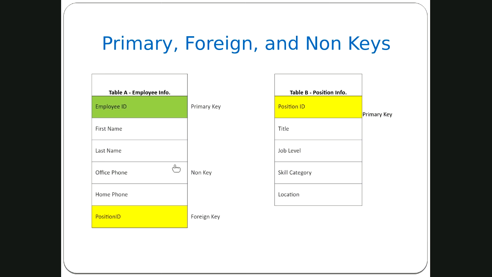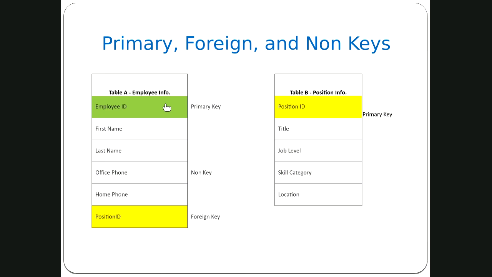And then the third one is non-key, which is just an attribute or a quality of the primary key. It is not a foreign key because it is not a primary key in another table. So for example, the office phone or the home phone, first name, last name, all of these are non-key attributes. The non-key must be an attribute or a quality of the primary key, right?